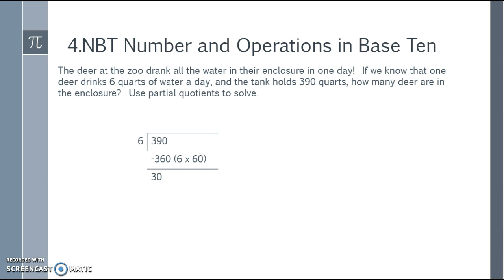When I take 390 and subtract 360, I'm left with 30. I know that 6 times 5 is 30, so 30 minus 30 gives me 0. Well, then how do I know how many times 6 can go into 390? Well, I take the pieces that I multiplied 6 by, 60 and 5, and I add them together to get 65.